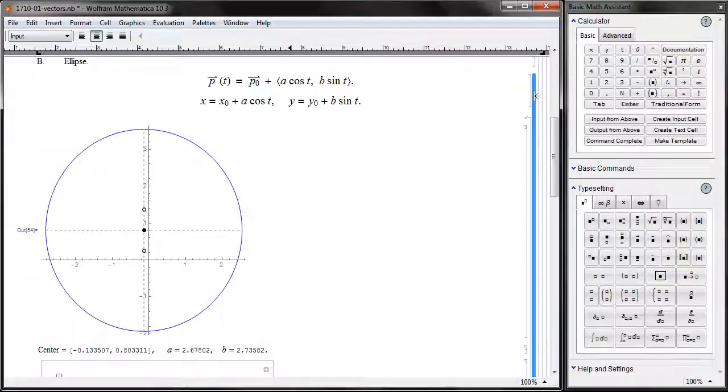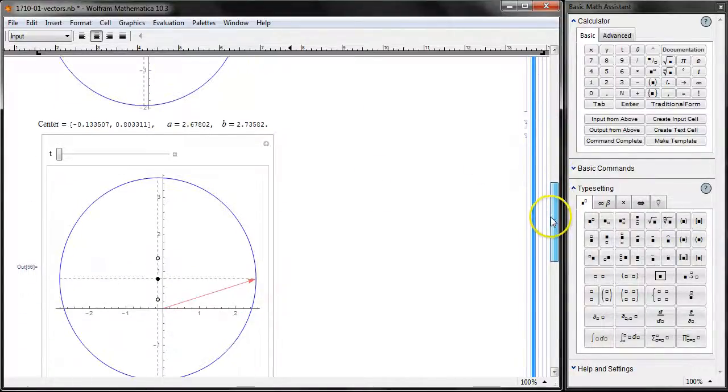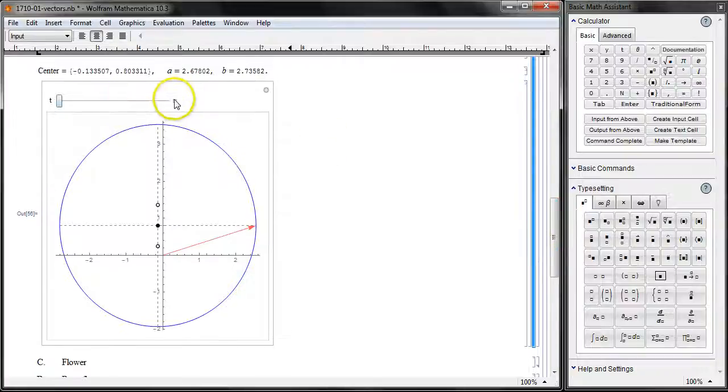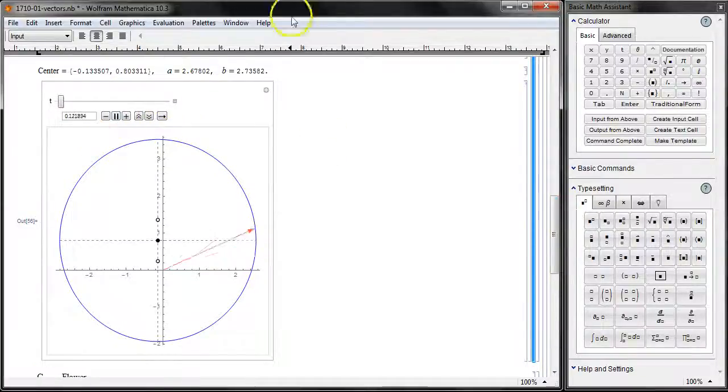In this particular case, b is bigger, so this ellipse is elongated vertically. And this one is the moving particle model or moving arrow model. The particle is moving along this ellipse, and the position vector is this red vector. And the black point is the center.